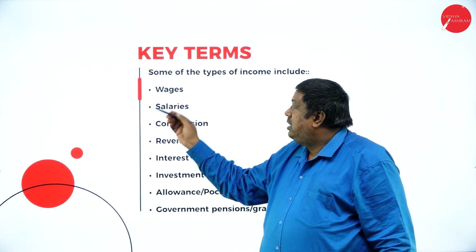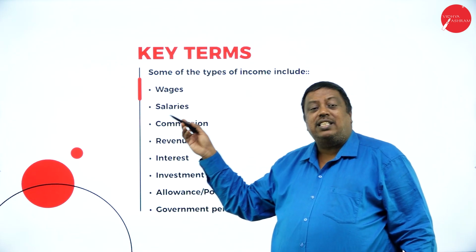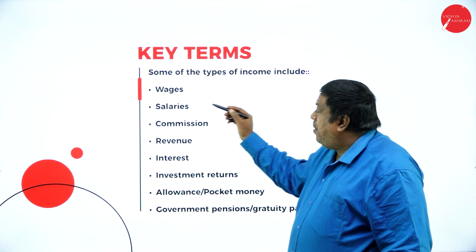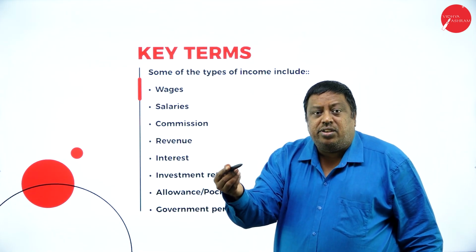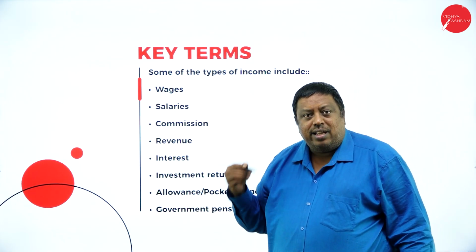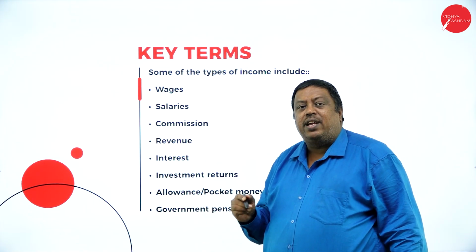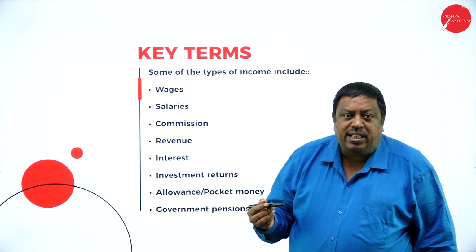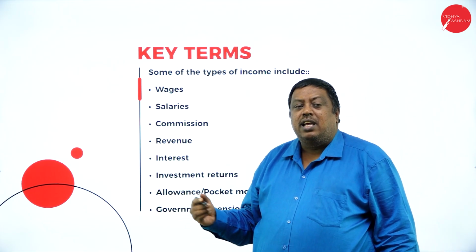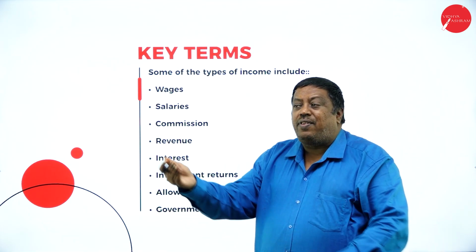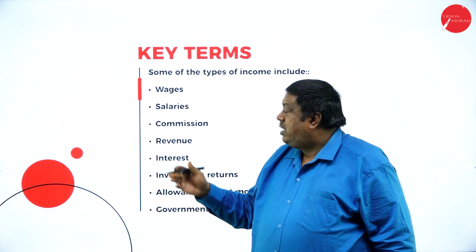That is income for him. We call that wages. Salary: a person working in an organization who receives an amount in the form of salary, that is an income. Commission: when we do some business activities supporting another business, giving business to them, and I receive some benefit from them, that is called commission.